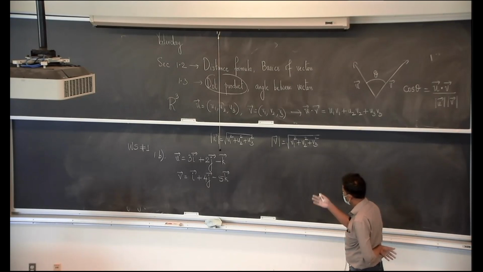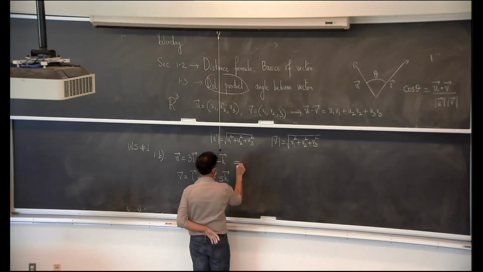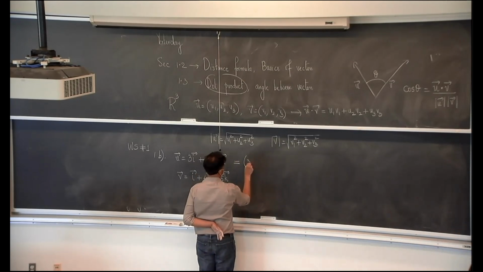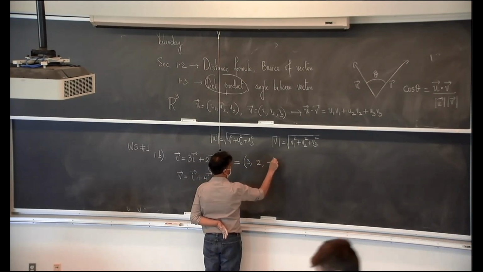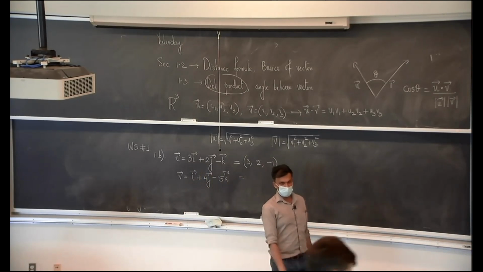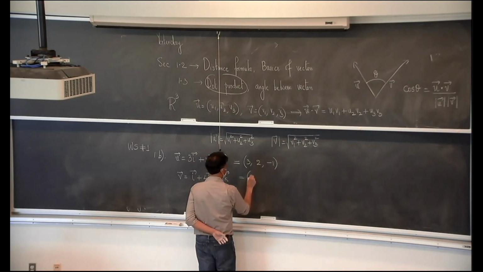Those of you who don't like the ijk notation, just keep in mind that this is the same as the vector (3, 2, -1) and (1, 4, -5).